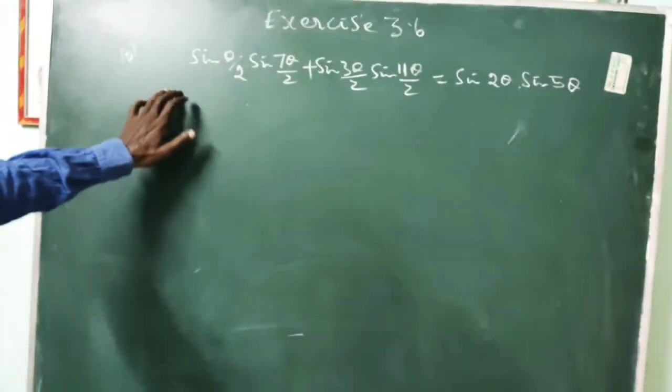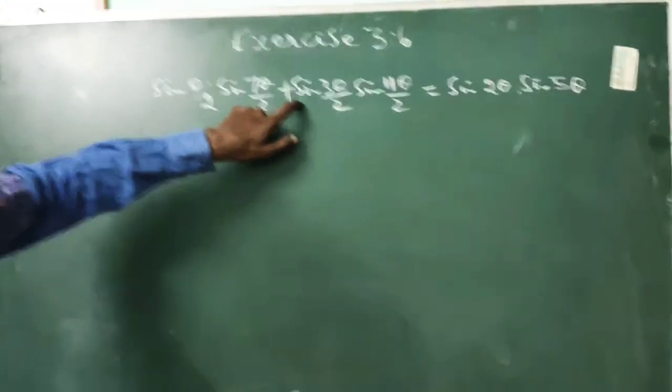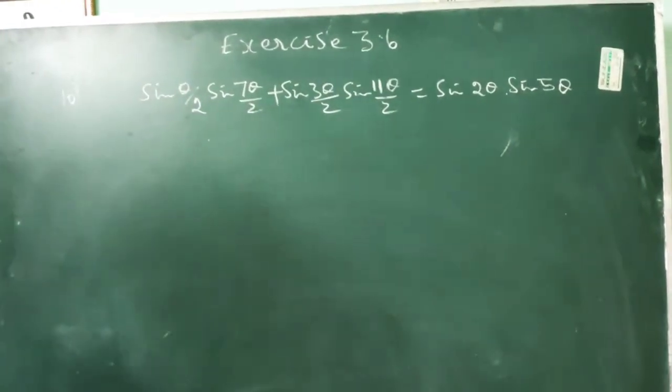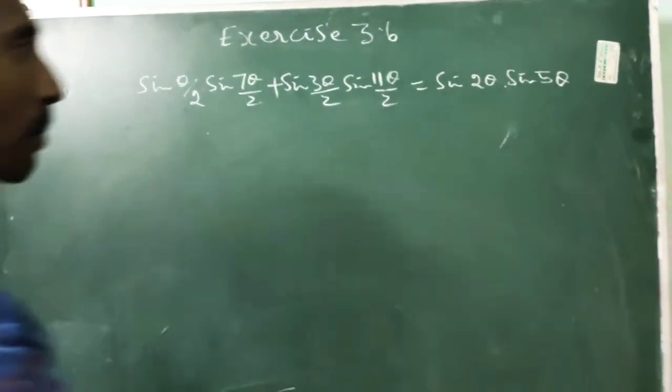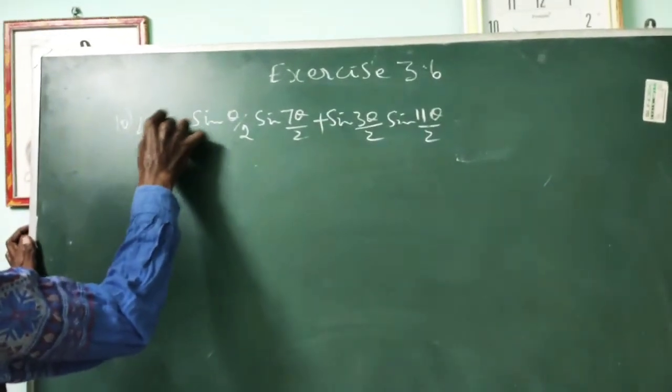Number 10. Prove that sin(theta/2) into sin(7 theta/2) plus sin(3 theta/2) into sin(11 theta/2) equals sin 2 theta into sin 5 theta. So obviously take the LHS.